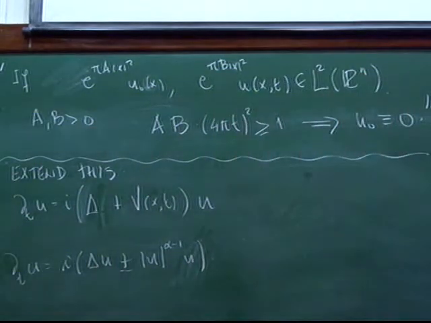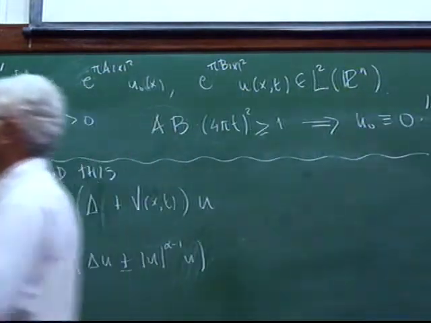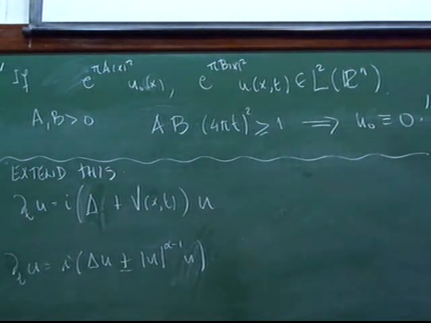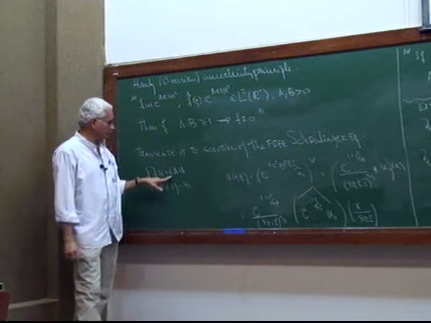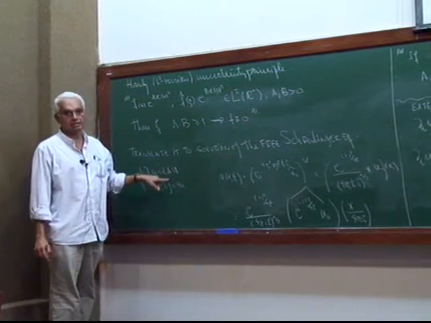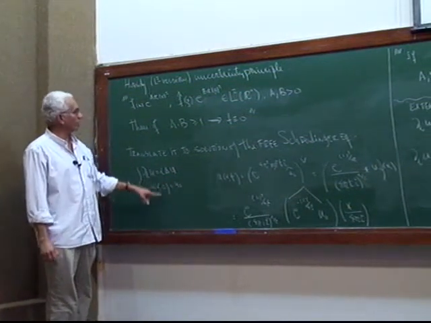Okay? And of course, we have chosen the Hardy version in L2 because the solution of this is a group in L2. Then if you start in L2, you stay in L2. This is not true in LP.